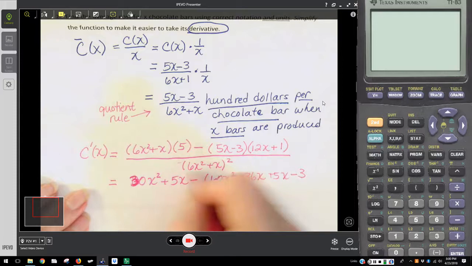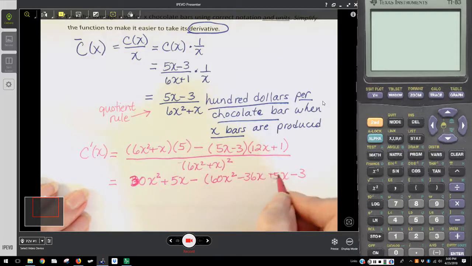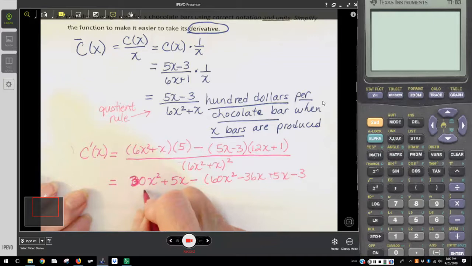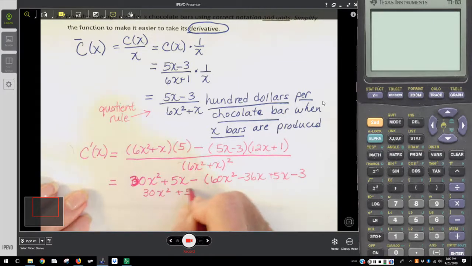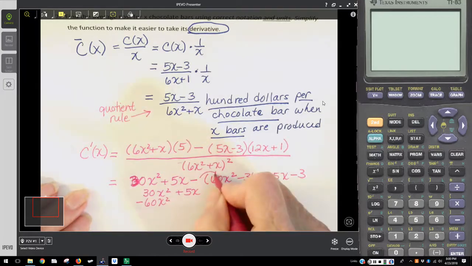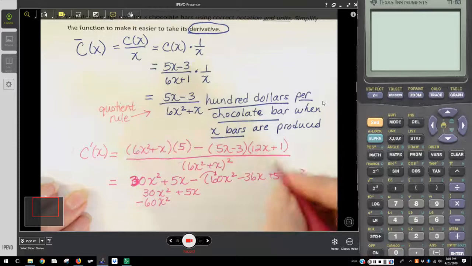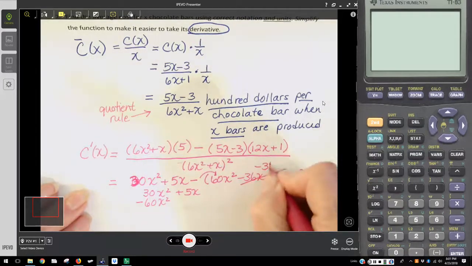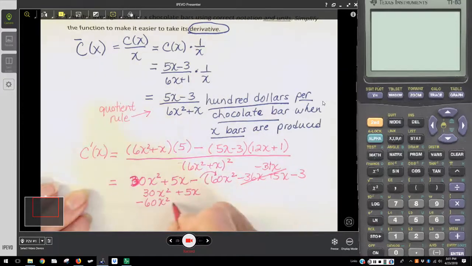And since that's all going to be over 6x squared plus x quantity squared, we'll go ahead and try to simplify that by saying that this is 30x squared plus 5x minus 60x squared, since we're subtracting the first term. Minus 36 plus 5 is minus 31x, but we're subtracting negative 31x, so we're actually going to add 31x.